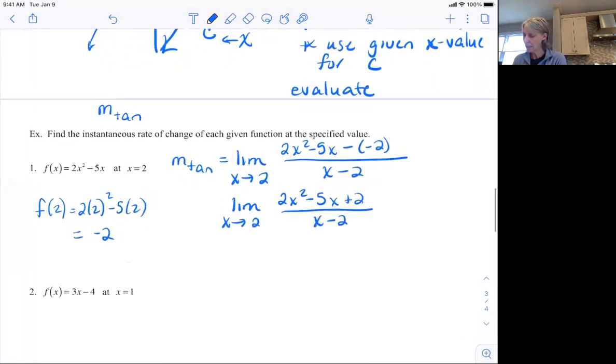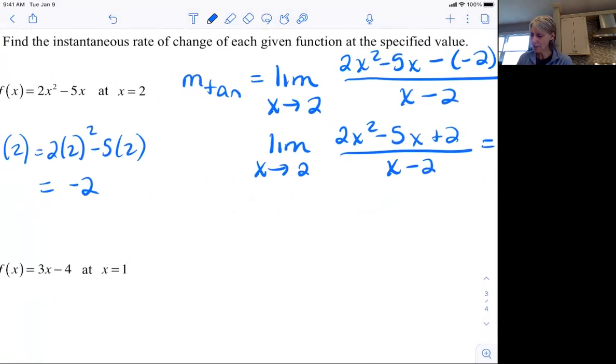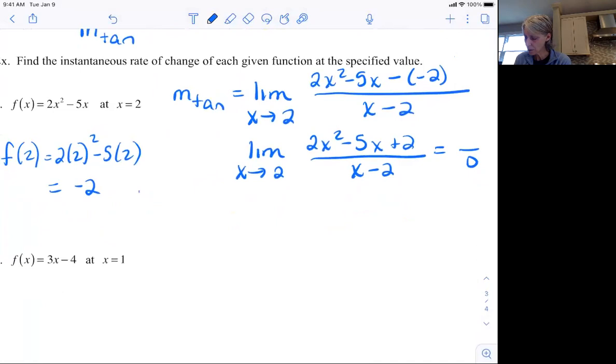When I plug in 2, I'm going to get a 0 on the bottom. So I am going to have to factor this. It is a tricky trinomial, so it's going to take me a moment. 2 numbers to multiply to 4 and combine to give me negative 5. 2x minus 4, 2x minus 1.